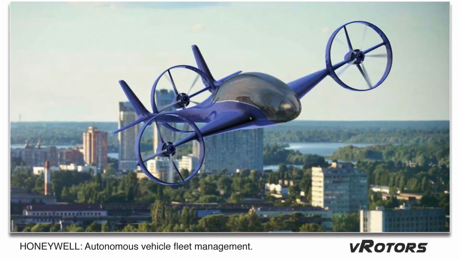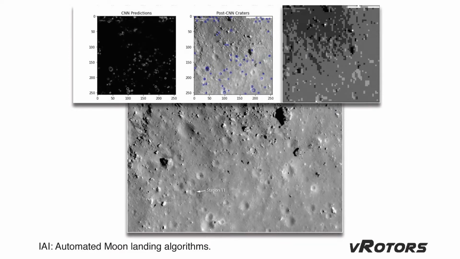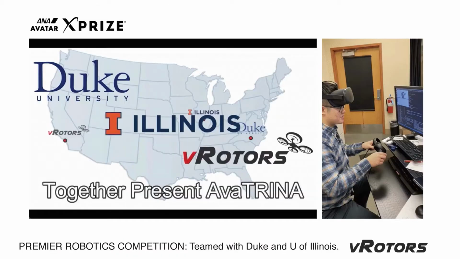We're working with Honeywell on remote supervision of autonomous air taxi fleets using our multi-vehicle flight management technology. We're also working with IAI to automate the landing process for their next moon mission using our machine vision and auto vehicle navigation capabilities. We are team members with Duke University and the University of Illinois in the ANA Avatar X Prize Robotics Competition.